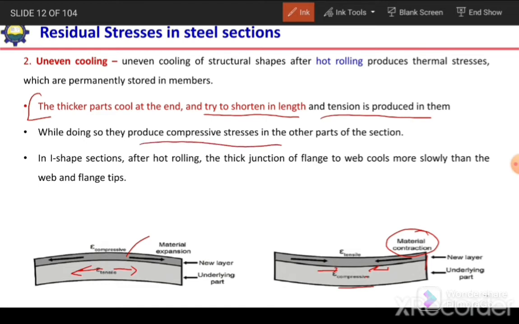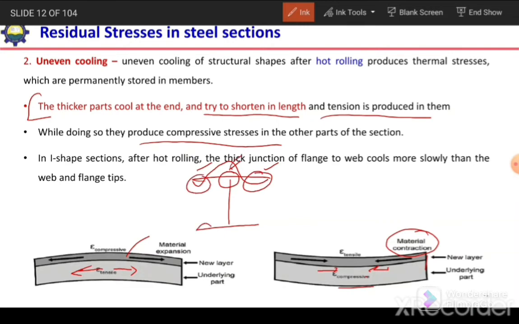So in case of structural shapes, for example, an I shape, this portion will be thick, and it will cool at the end. As a result, tension will be produced in this portion, while the adjacent portion will undergo compression. So here the stresses will be like this. This portion will be in compression, while this portion will be in tension.